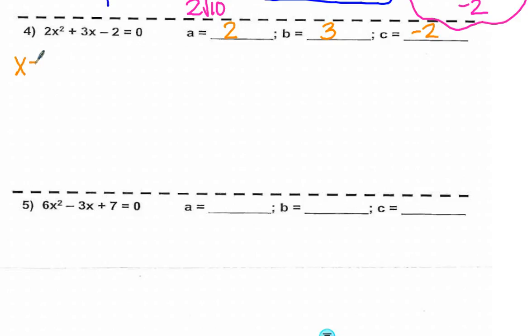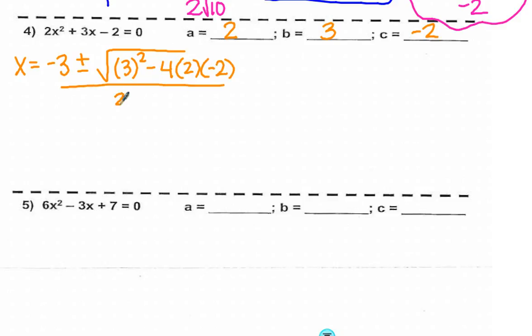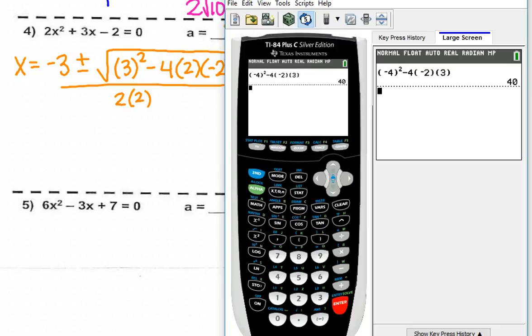I have x equals opposite b plus or minus the square root of b squared minus 4ac all over 2a. All right, get your calculators going, and now I have 3 squared minus 4 times 2 times negative 2.